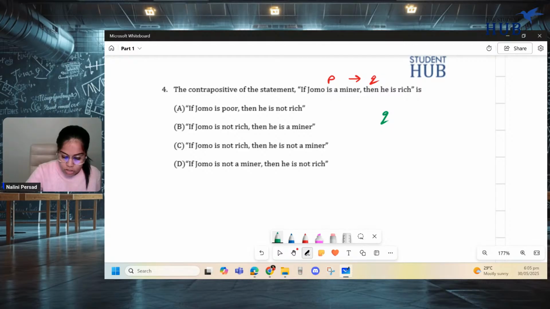So change it and negate it. So if not Q, then not P. So what is the English statement for this? If he is not rich, then Jomo is not a minor. Right? Not rich, not a minor. So that's right, option C.